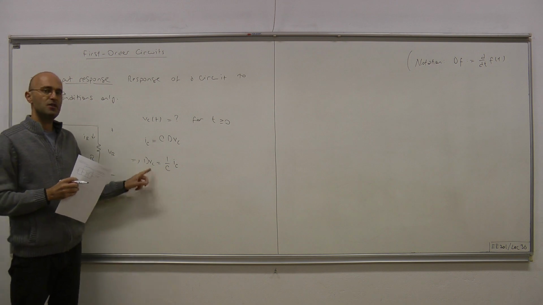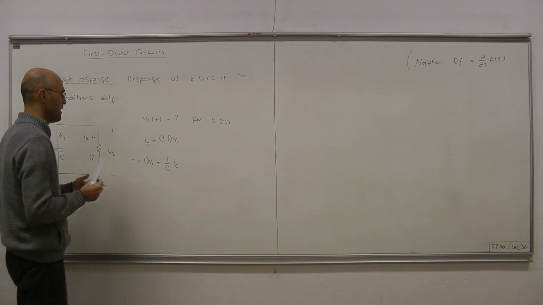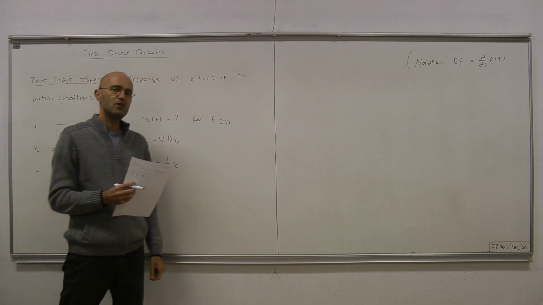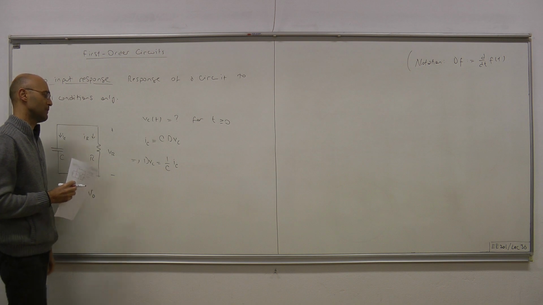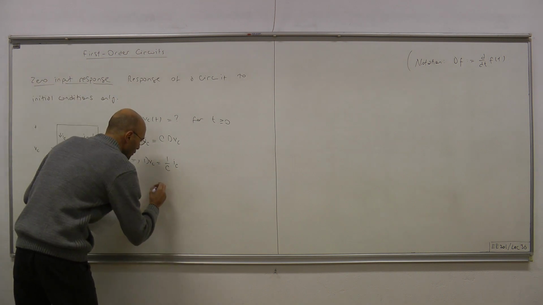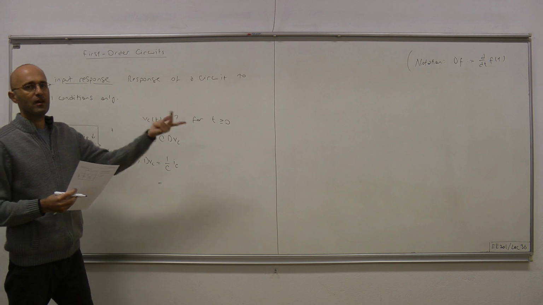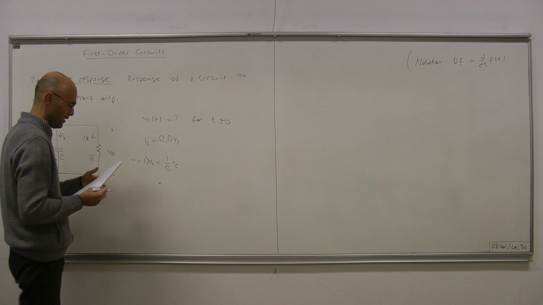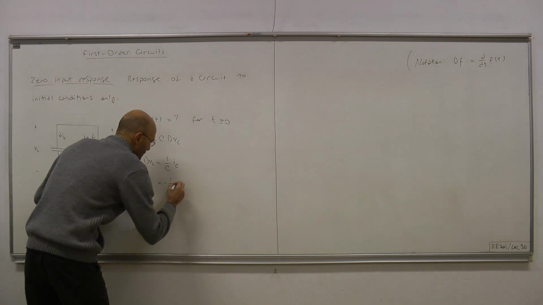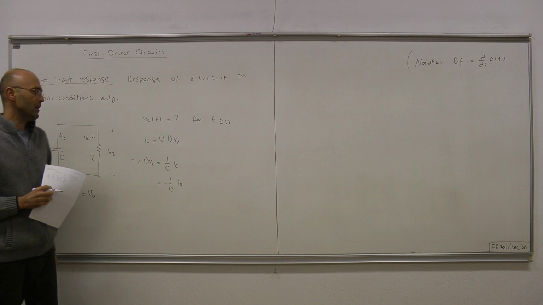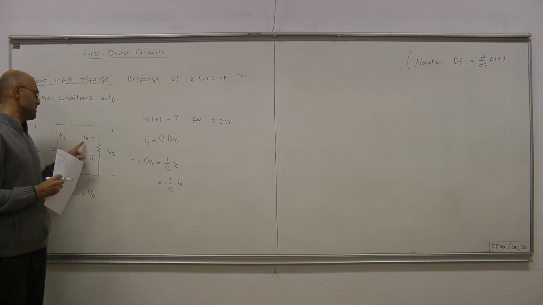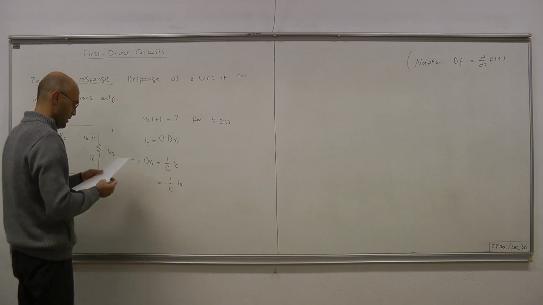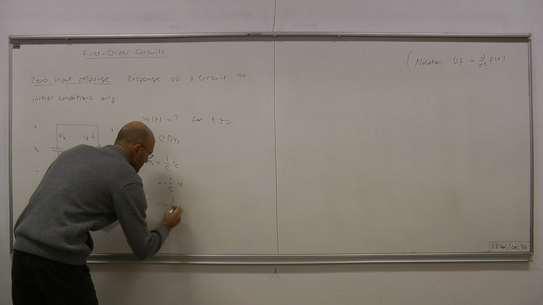So we put DVC, VC dot, on the left-hand side. Then we want the right-hand side also to be in terms of VC only. For that we use KCL, KVL, and the terminal equation for the LTI resistor. By KCL, IC is minus IR, so this equals minus 1 over C times IR.